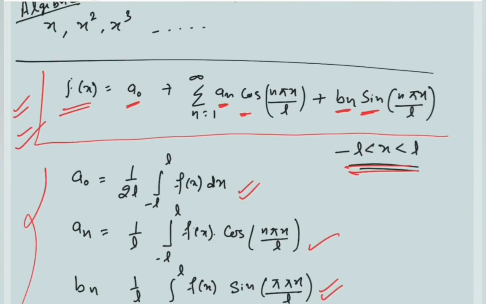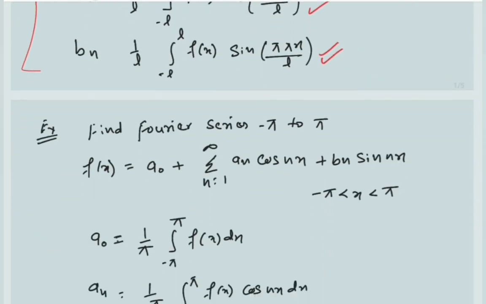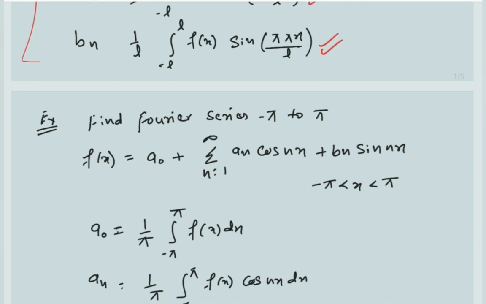Then again we go to this expression, that is f(x) is equal to a naught plus sum from n equal to 1 to infinity of a_n cos nx plus b_n sin nx. Here the interval is from minus pi to plus pi, meaning the values of x vary from minus L to L in the previous case. Instead of L we'll put pi, so minus pi to pi.